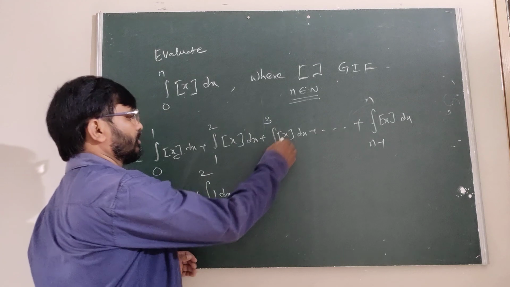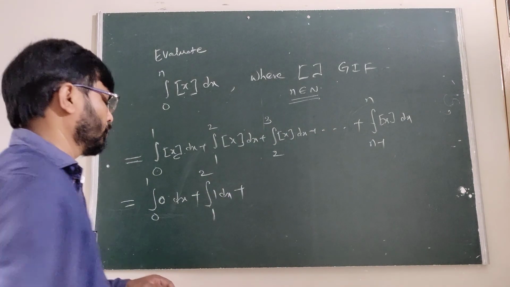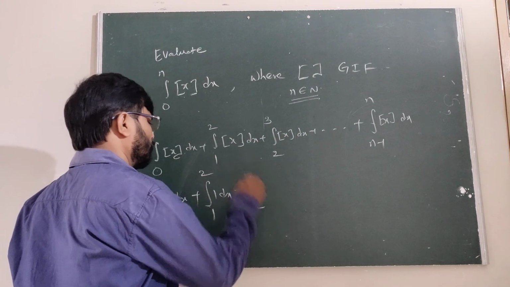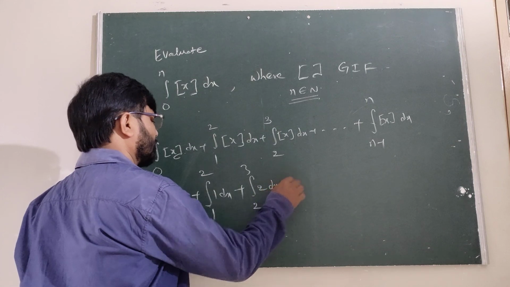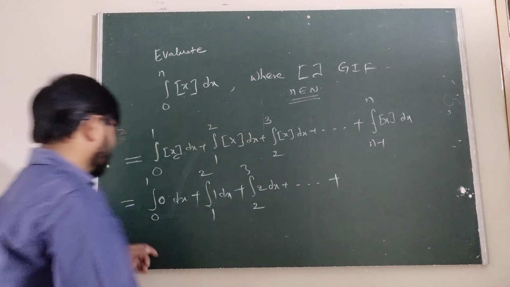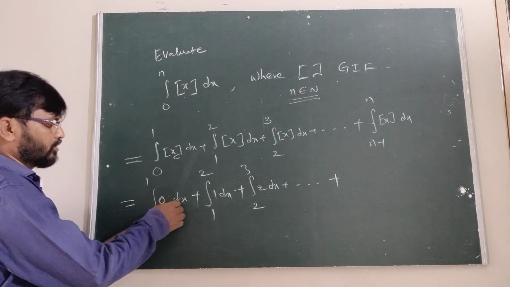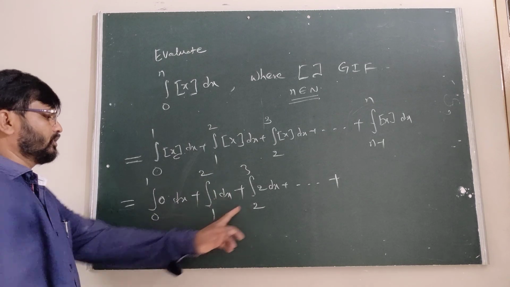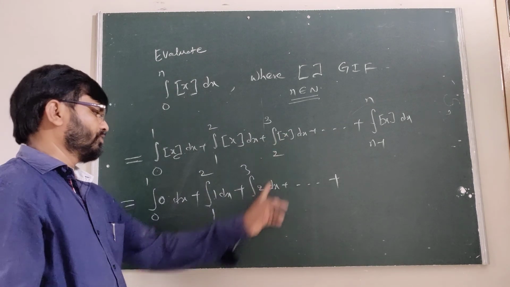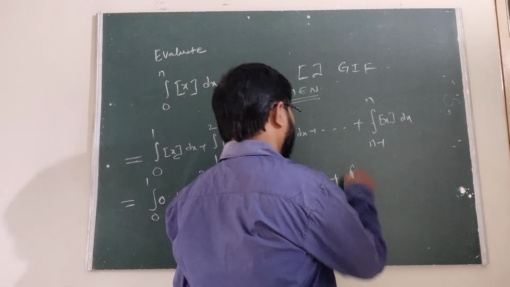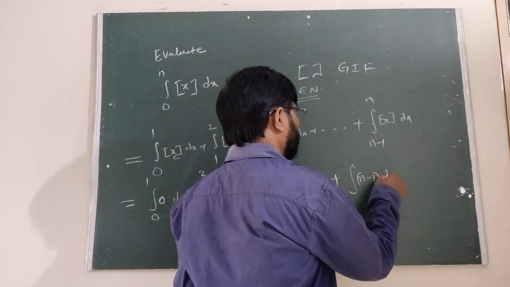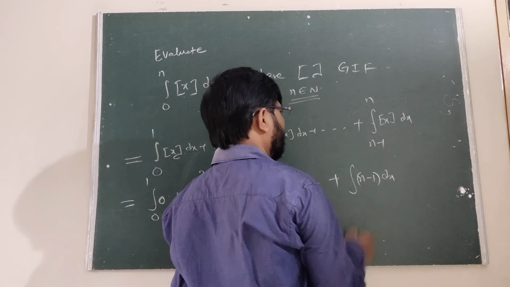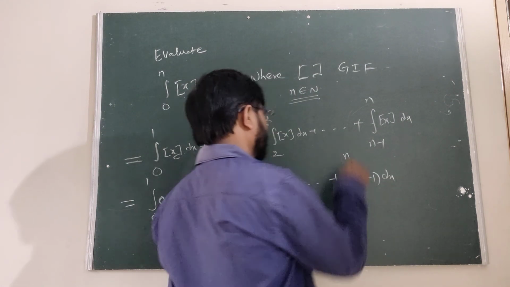Similarly, 2.5 means 2, so the integral from 2 to 3 is 2 dx. Similarly, the last one is the integral of n minus 1 dx from n minus 1 to n.